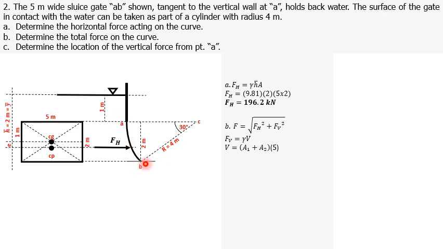So from point B, we draw a vertical line up until the imaginary liquid surface. See now, in this case, we have an imaginary liquid surface because the water is below the curved gate.